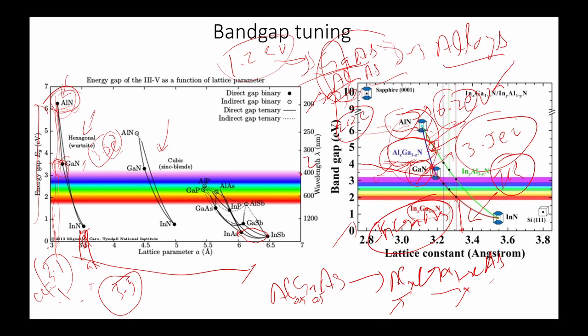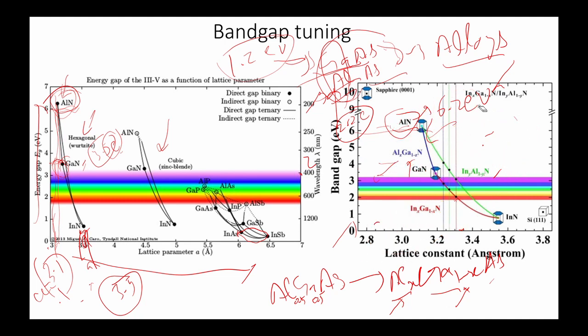Not silicon, not germanium, neither of the elemental semiconductors can give that much flexibility, because the band gap is constant, but we need different band gaps.